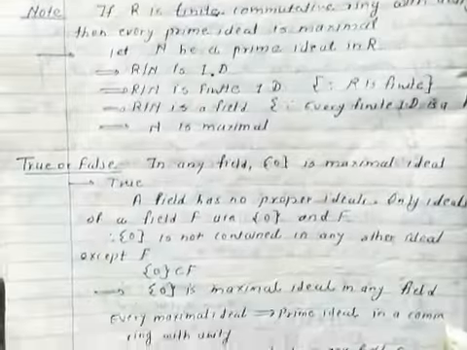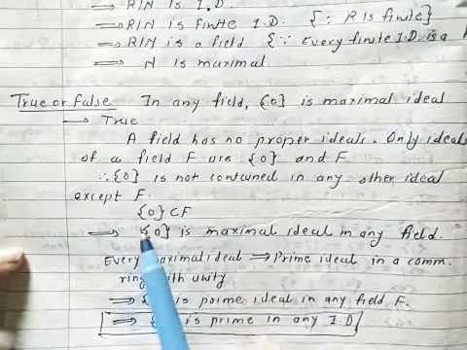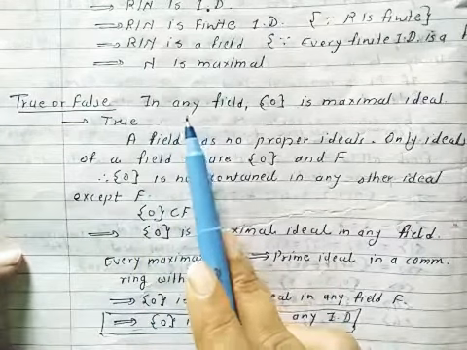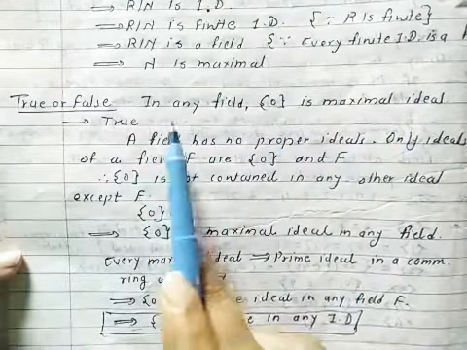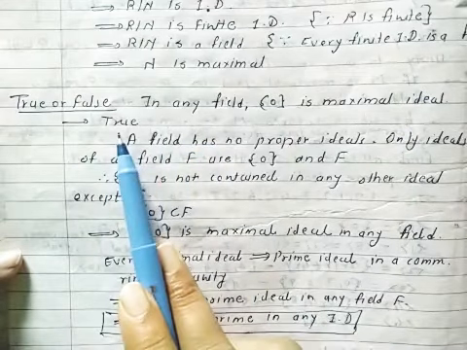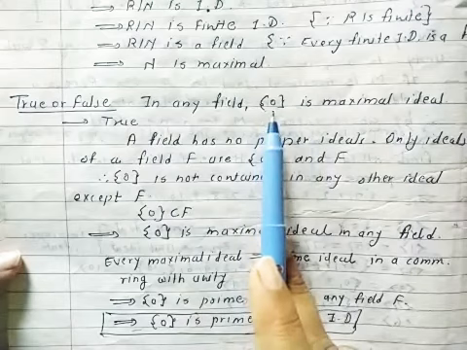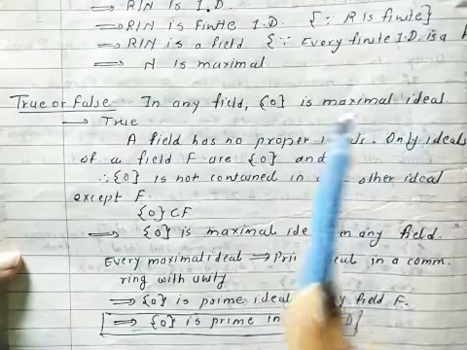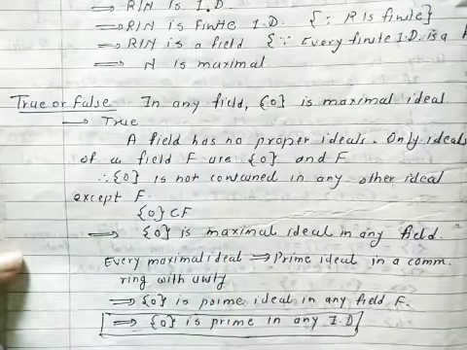There is another question. True or false? The statement is: in any field, 0 is a maximal ideal. This statement is true. Why? We know that a field has no proper ideals.